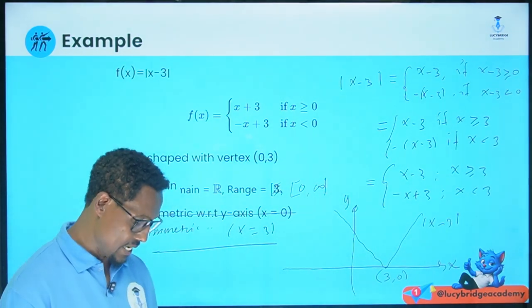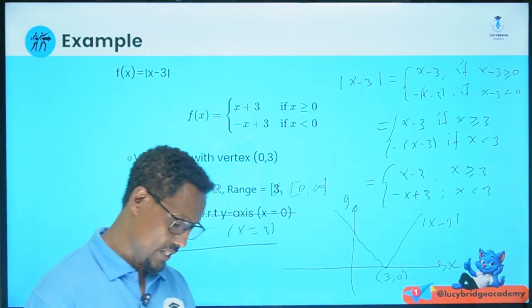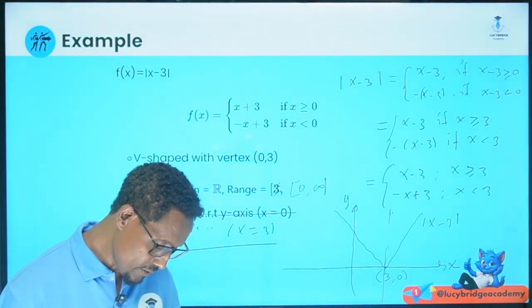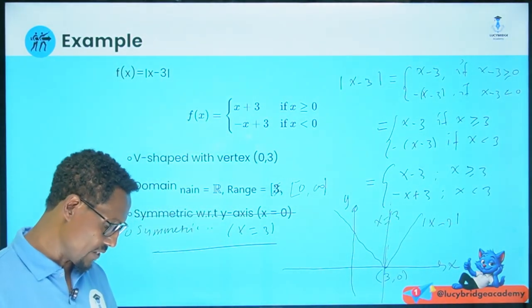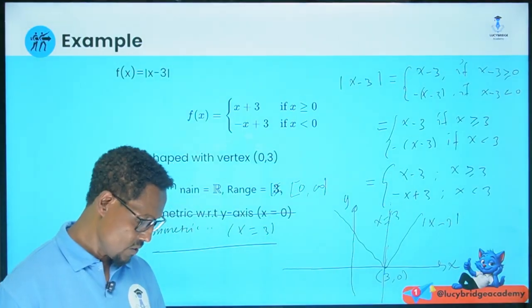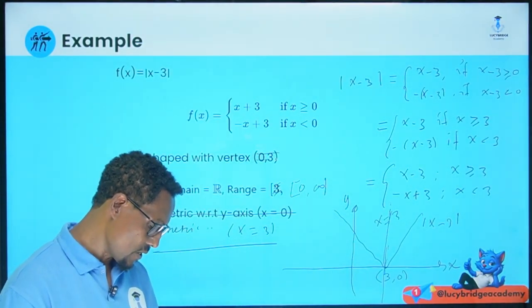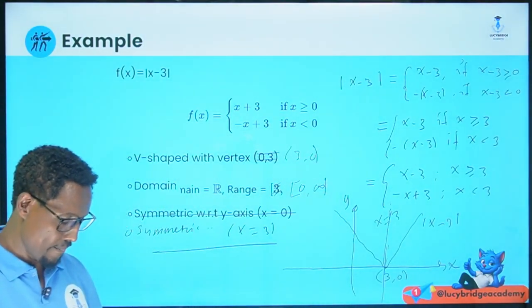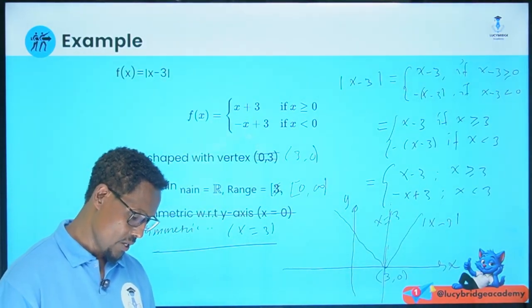This is the axis, the line x is equal to 3, and it is symmetric. The vertex is 3,0, not 0,3. It is v shaped with vertex 3,0.